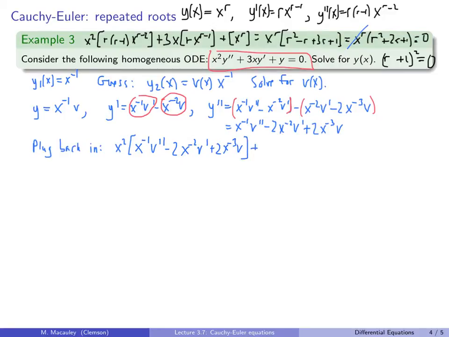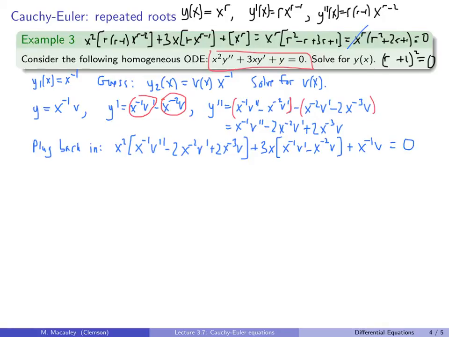Okay, so next we have 3xy prime, that's 3x times this thing. So 3x times x to the minus first times v prime minus x to the minus 2 times v. And then finally plus y, that's just this term. So that's plus x to the minus 1 times v, whole thing equals 0.